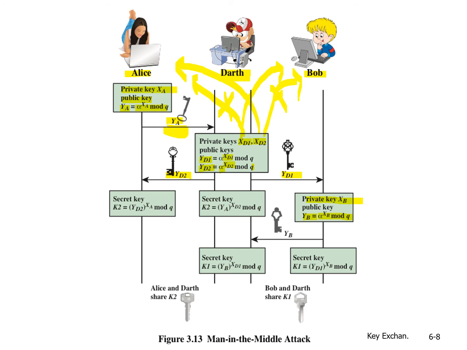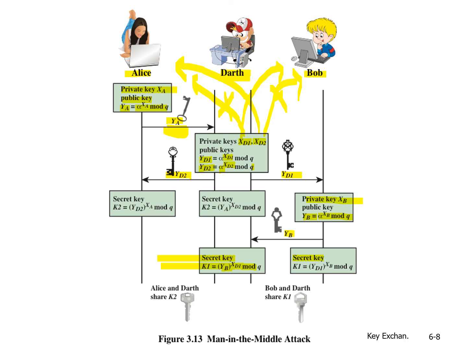Then Bob sends YB to Alice, but Das intercepts this one and calculates the secret key using XD1.